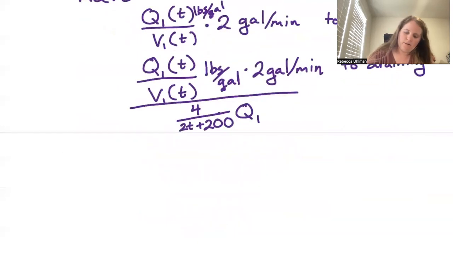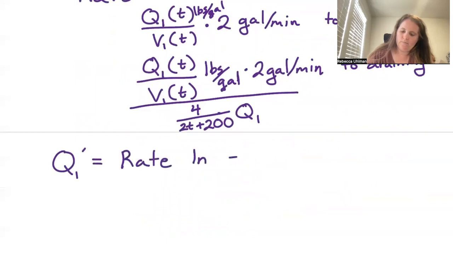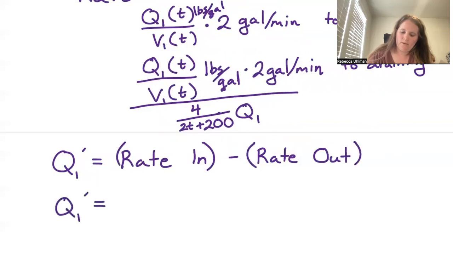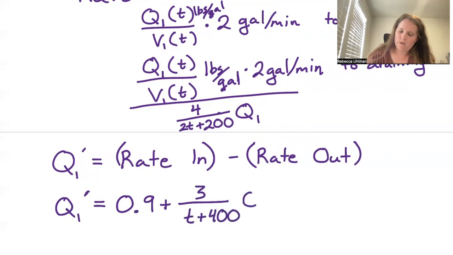So if we get that Q1 prime is rate in minus rate out, we have that Q1 prime is 0.9 plus 3 over T plus 400 times Q2, and then minus 4 over 2T plus 200 times Q1.